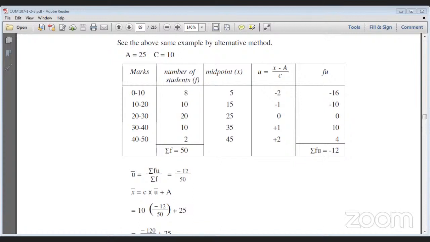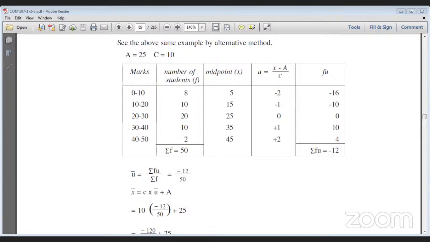And for commodity B, range is equal to 35 minus 30 is equal to 5, and the coefficient is equal to 35 minus 30 is 5 upon 35 plus 30 is 65. The answer will be 0.0769. So this is the example here.